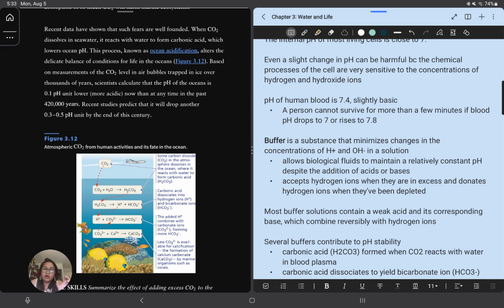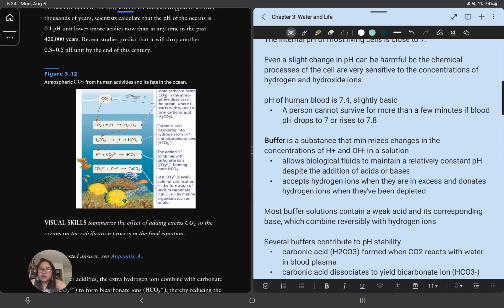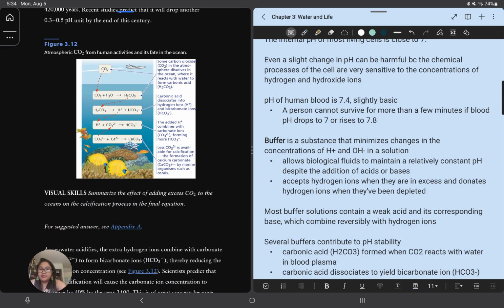That's by 0.4 of a degree, right? So if it drops 0.3 to 0.5 pH unit by the end of the century, well, who knows what kind of changes there will be.